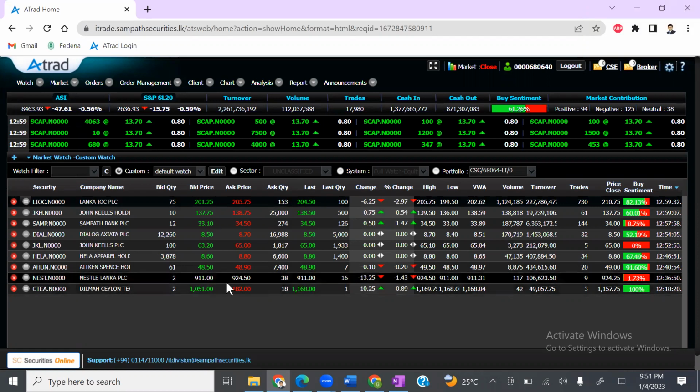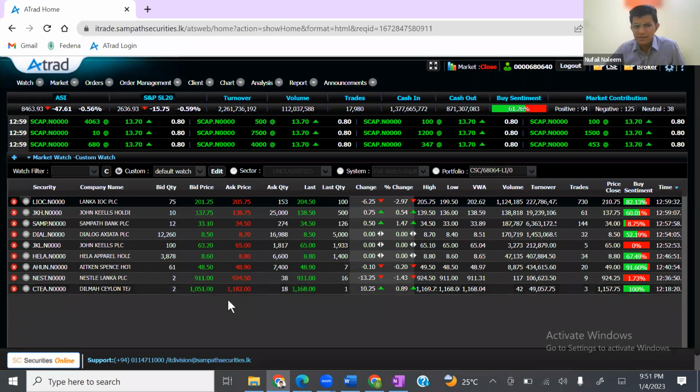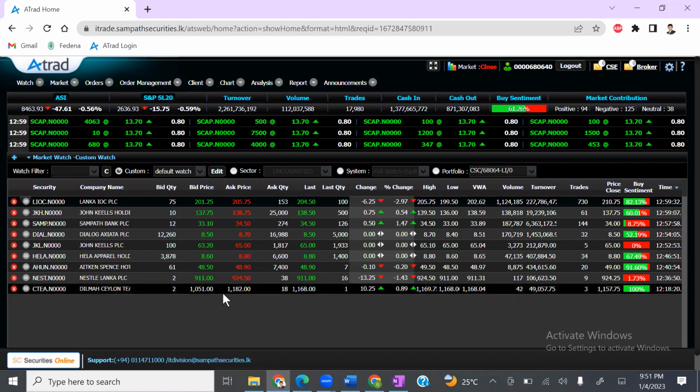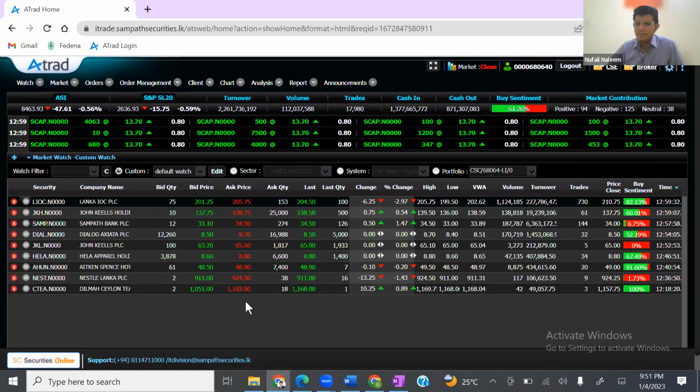So if I sell it, I can easily get a huge capital gain, because the bid price is 151, if you had bought it a while ago, and this is 182. Do you see there's a huge spread? So students, this is where, in simple language, the person makes the income.